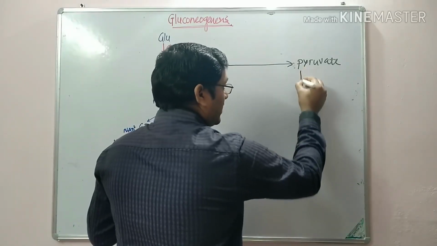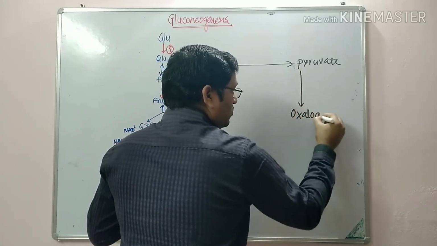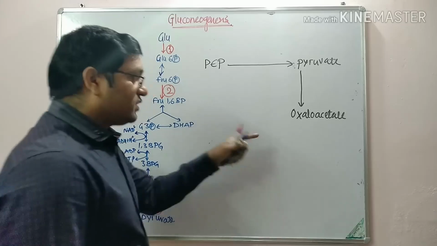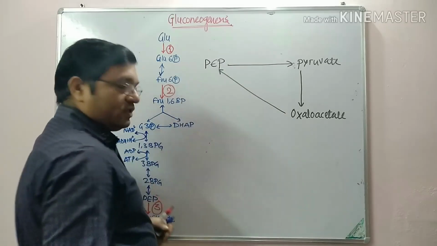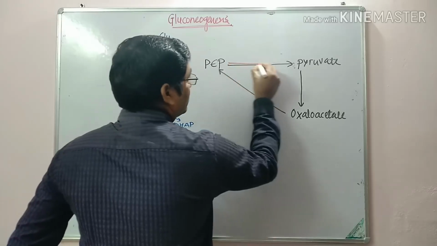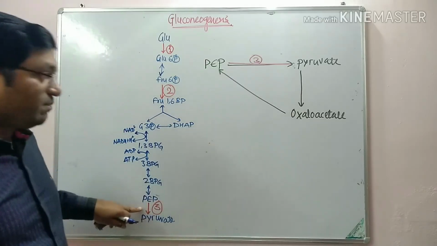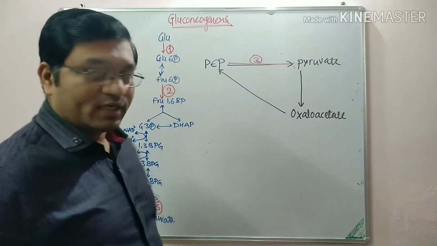In the first, pyruvate is converted into oxaloacetate, and this oxaloacetate is converted into phosphoenol pyruvate. So this irreversible step in glycolysis is reversed by the two important enzymes.